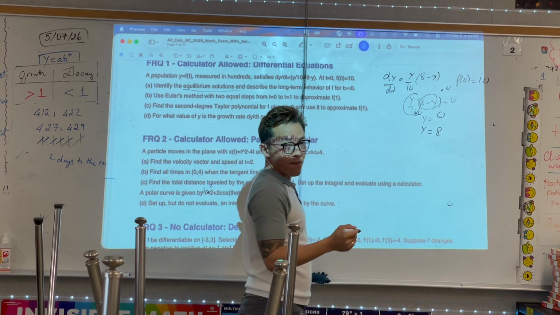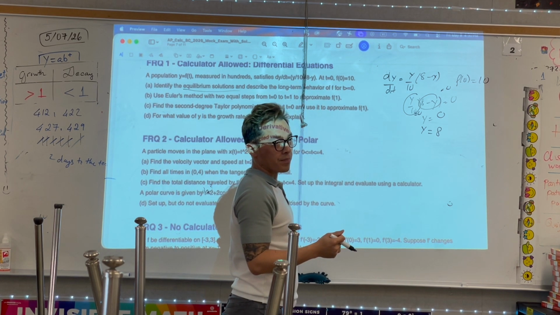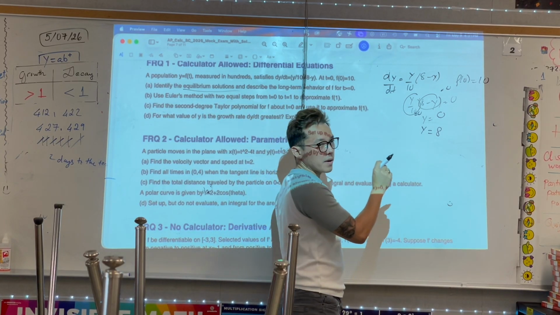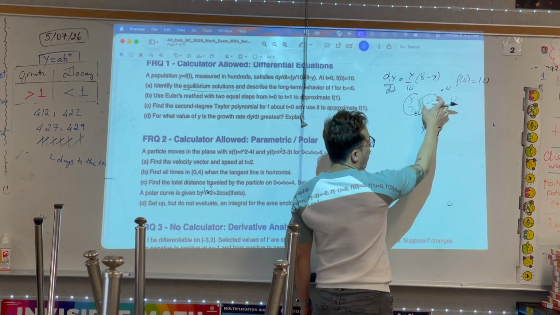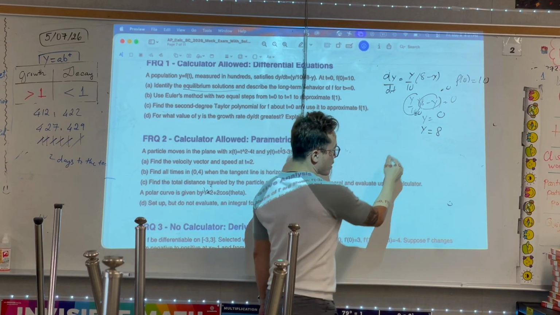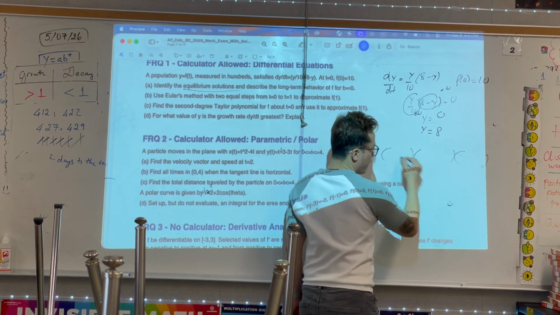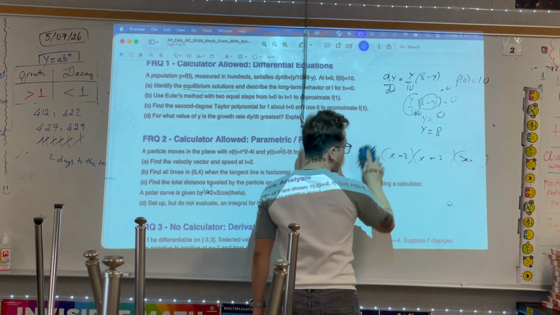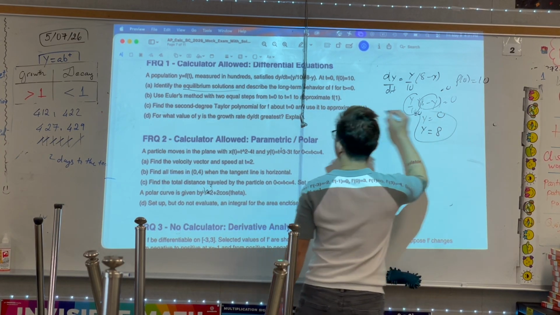I was confused because I thought you had to find the same value of y for both. No, it's this equal to 0 or this equal to 0. Something we solved earlier, remember? So you got this. That's the answer.